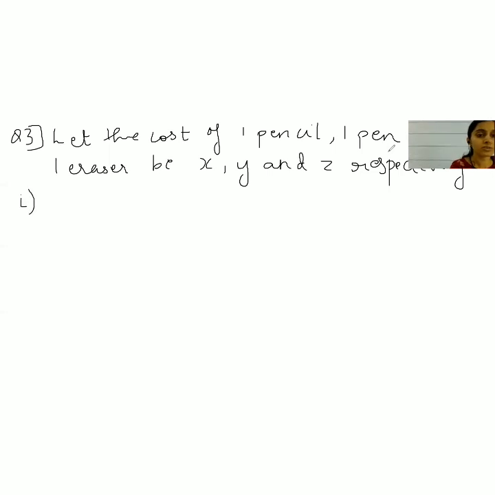So your first equation will be, the sum says cost of 4 pencils, 3 pens and 2 erasers. 4 pencils, so 4x, 3 pens and 2 erasers is equal to rupees 60 is given to you, right? Then cost of 2 pencils, 4 pens and 6 erasers.